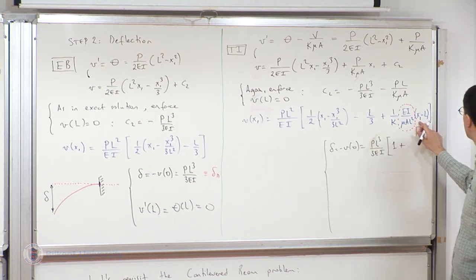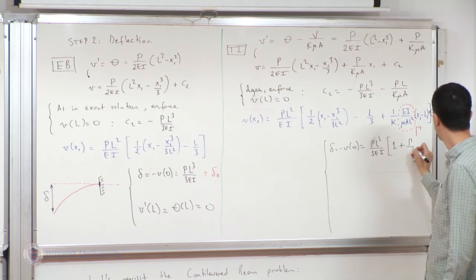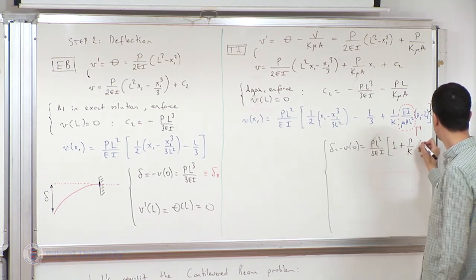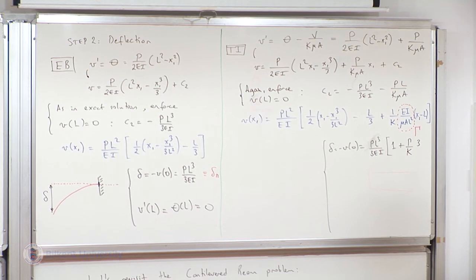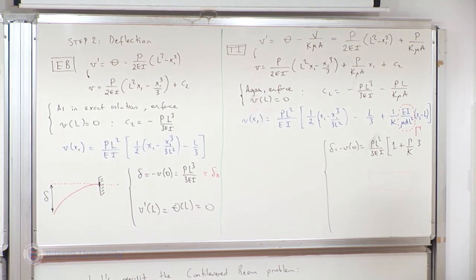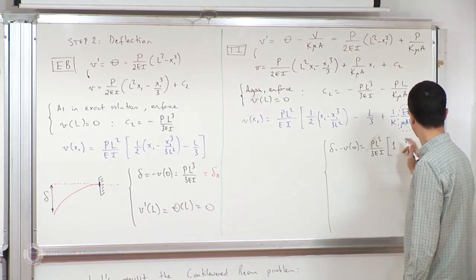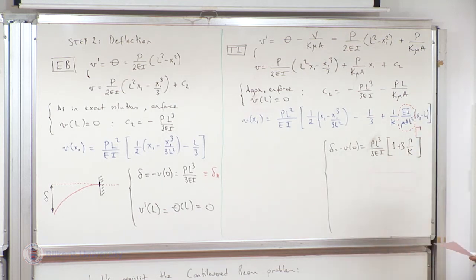If x1 is equal to 0, I have an L there, and I want to keep gamma over kappa here. I'd like to have a 3. No, I'm fine. I thought I made a mistake, but I'm fine. Okay, 3 gamma over k.